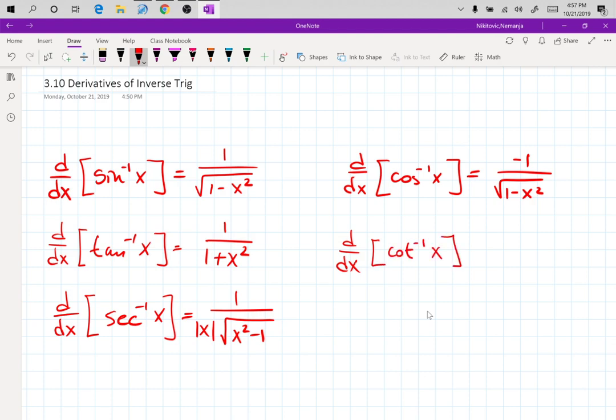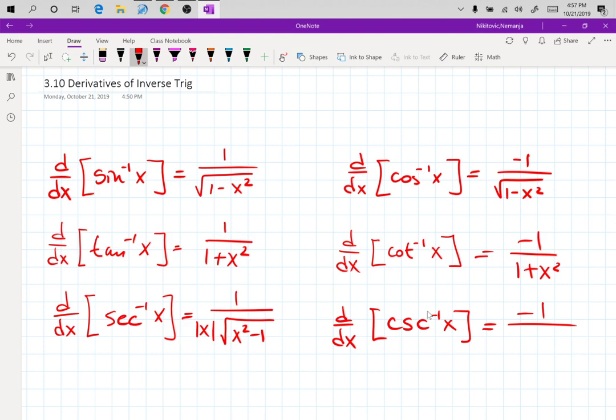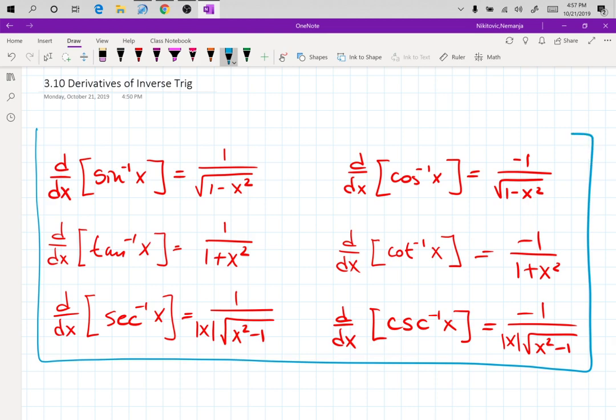Cotangent inverse of x is negative 1 over 1 plus x squared. And finally, the derivative of the cosecant inverse of x is negative 1 over absolute value of x square root of x squared minus 1. So these are your 6 inverse.